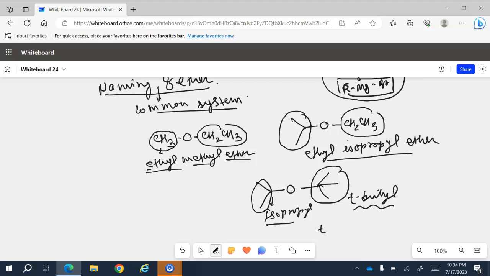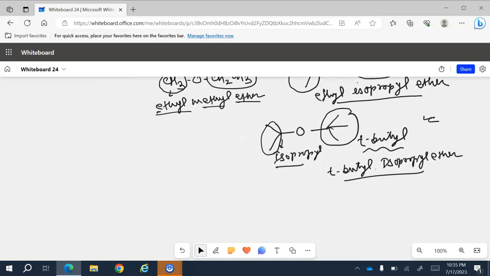This is butyl, where B is the initial here. T-butyl isopropyl ether is the name for this compound. So this is how ethers are named in the common system.